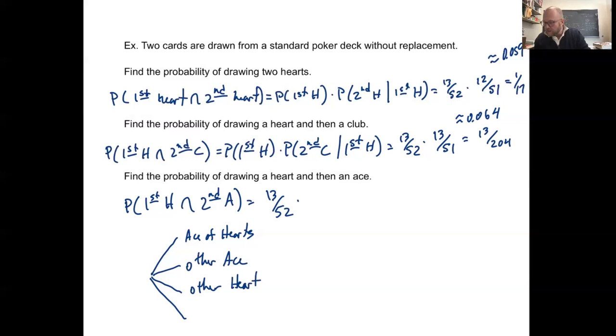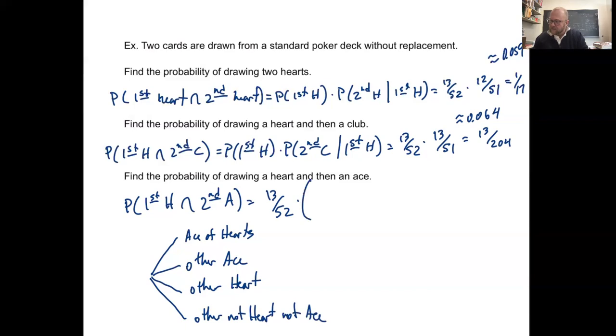And the last situation is other, not heart, not ace.